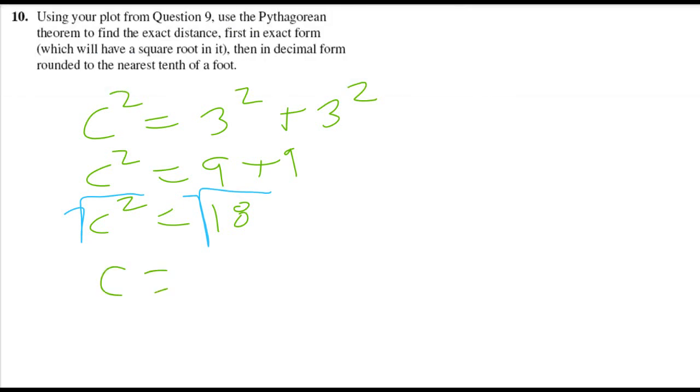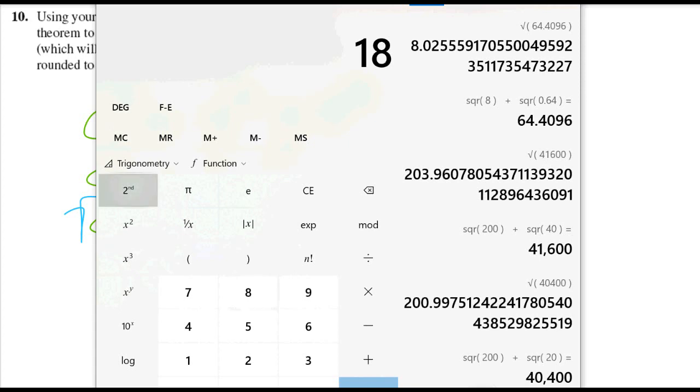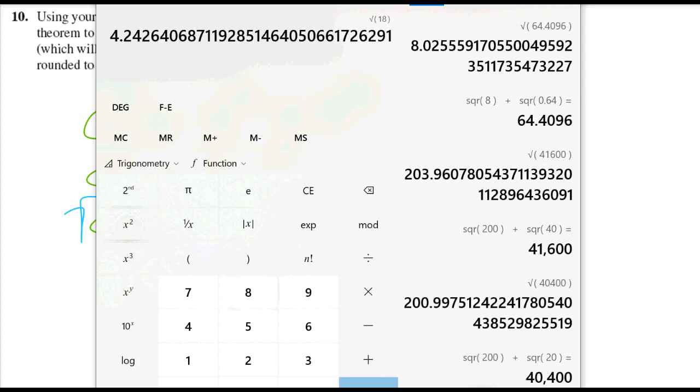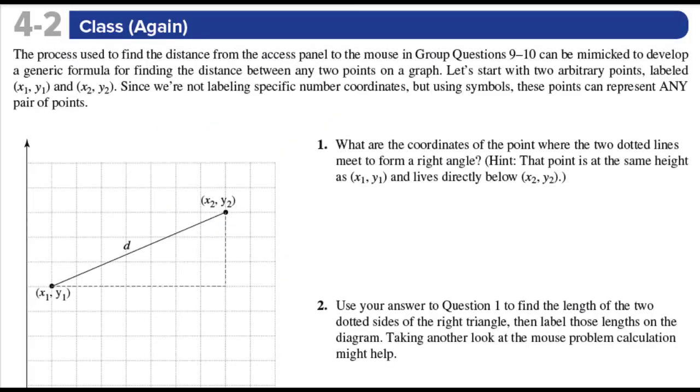That's just left with c. And then I have 18, second function square root, 4.2 feet.